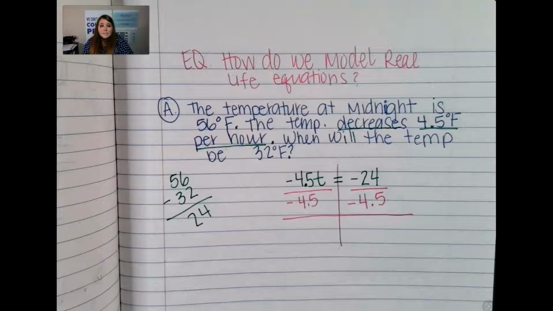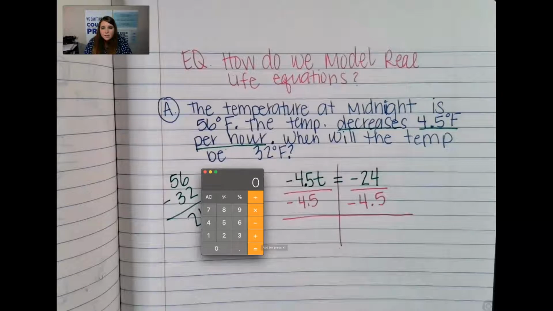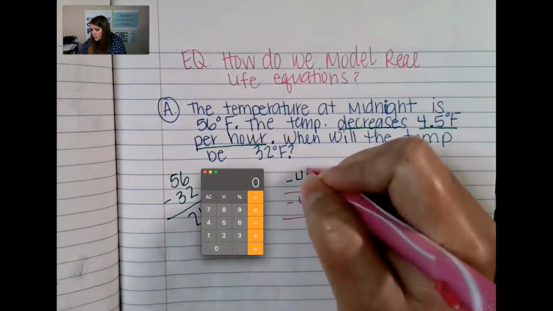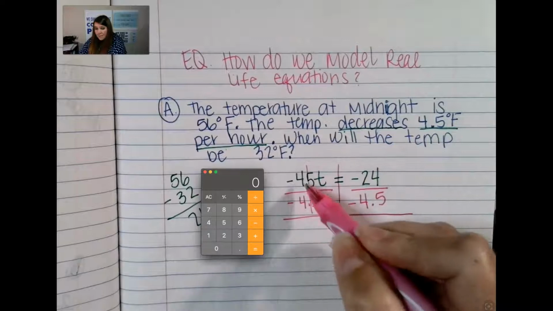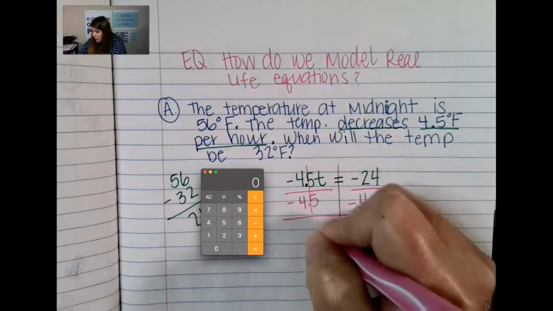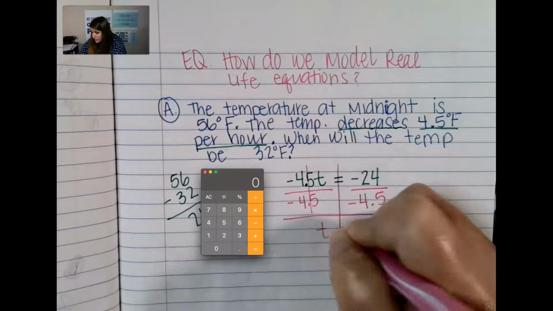Or this is a standard that you're able to use a calculator for. So let's go ahead and pull out our calculators and make this a whole lot easier on ourselves. This cancels out and becomes a 1, because a negative divided by a negative of the exact same number is a positive 1, or just letter T.